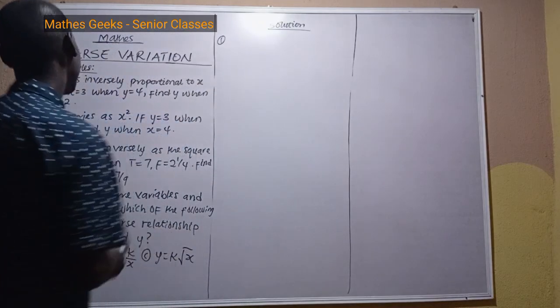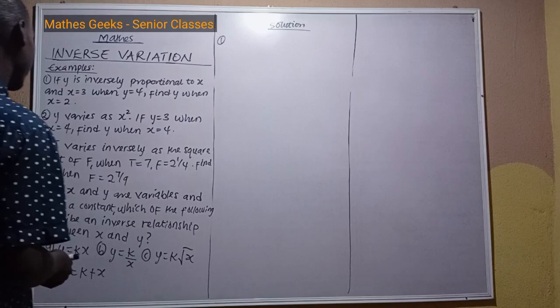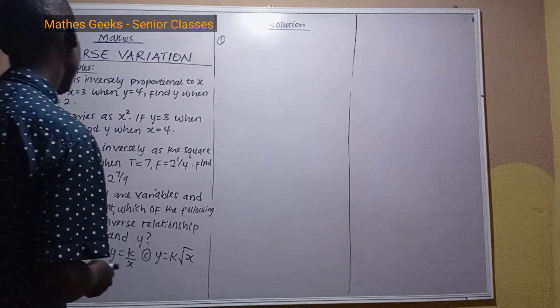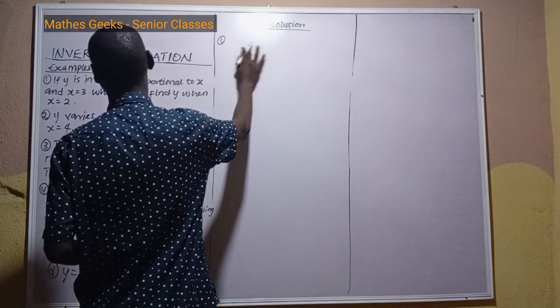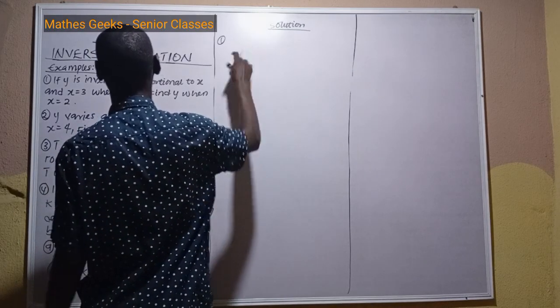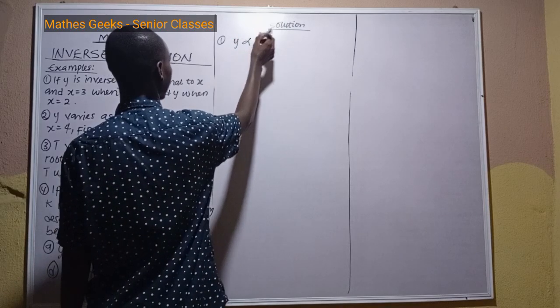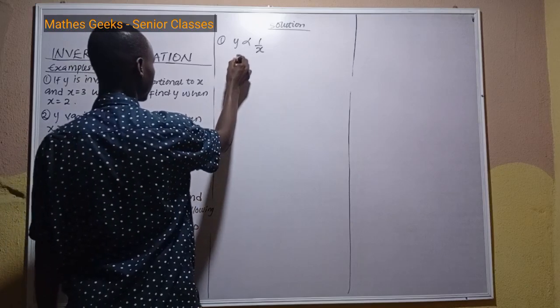Number 1, if Y is inversely proportional to X and X is equal to 3 when Y is 4, find Y when X is equal to 2. So for inverse variation, Y is inversely proportional to X. So let's introduce our constant.